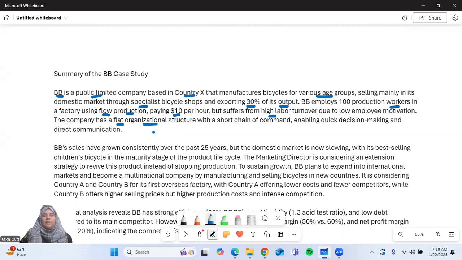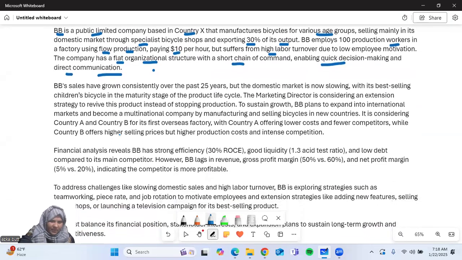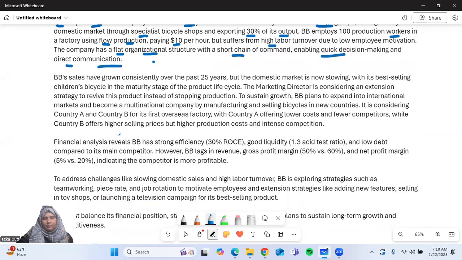If you don't have it, you can just download it from Google or maybe from Papa Cambridge, or there are a lot of websites. With a short chain of command, enabling quick decision making and direct communication. So most likely they are using the autocratic style.